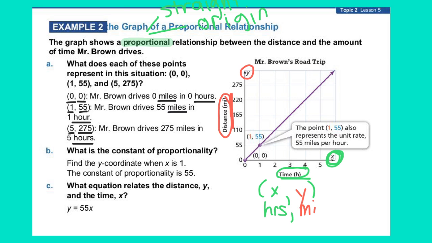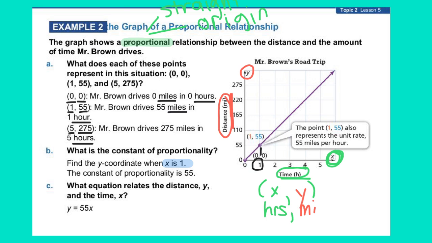All right, for B, what is the constant of proportionality? Well, remember, constant of proportionality is really just unit rate. So we are looking for any time we have 1 hour. So we're going to look on our graph. We're going to find 1 hour.